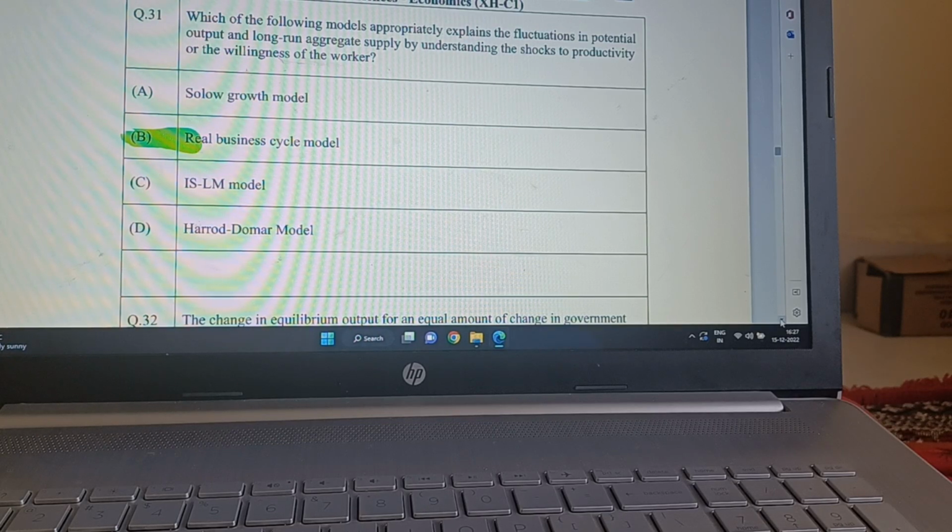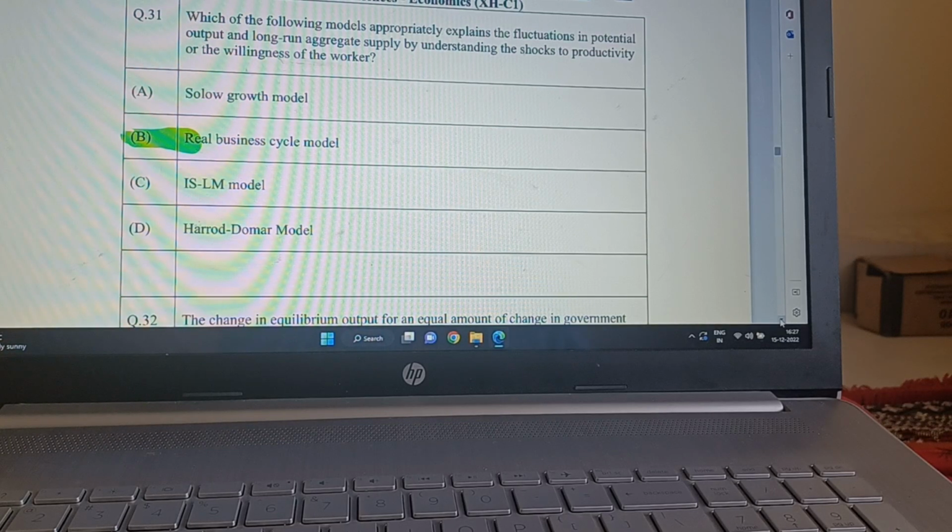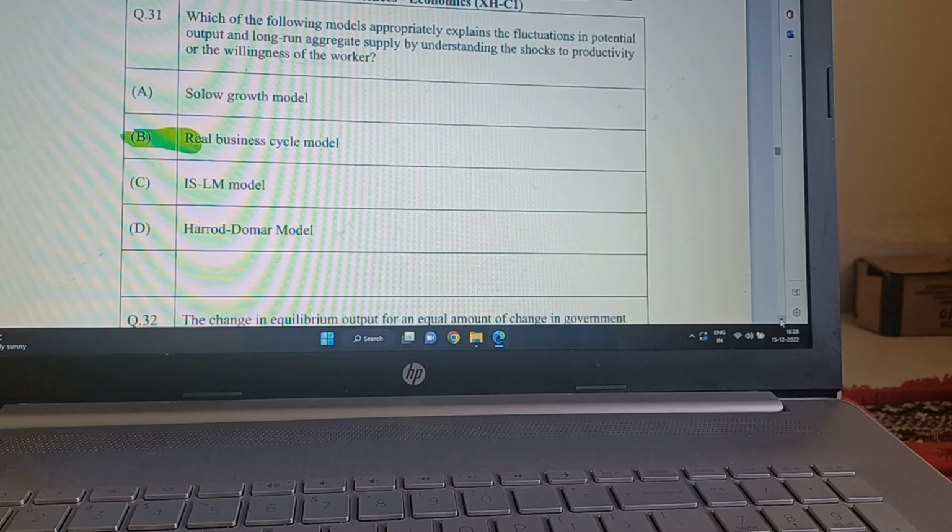What does it mean? Shocks to productivity can be positive or negative. If it is a positive shock, productivity will increase. If it is a negative shock, productivity will decrease. This means when productivity increases, there will be boom, and when productivity decreases, there will be recession.